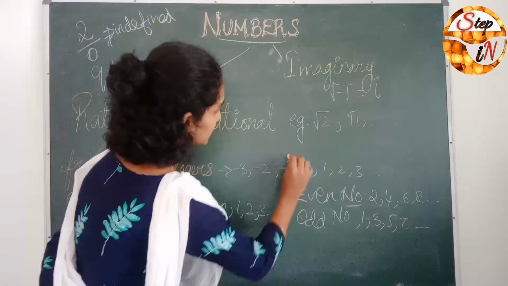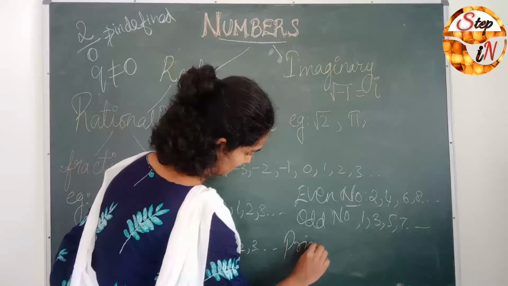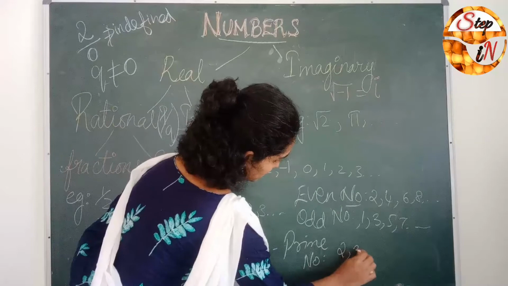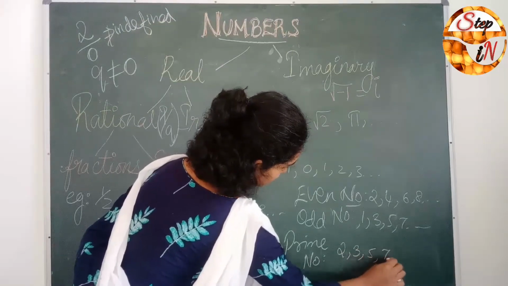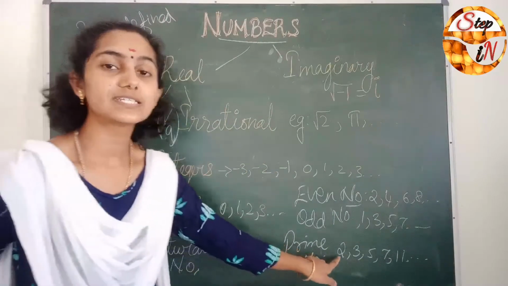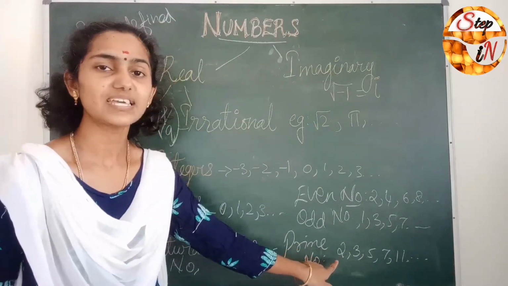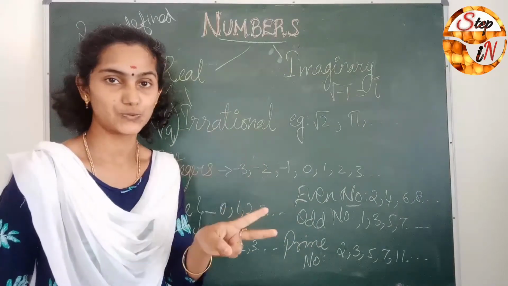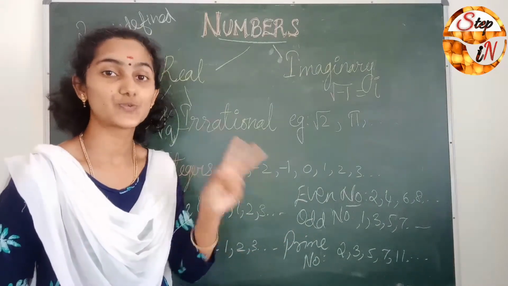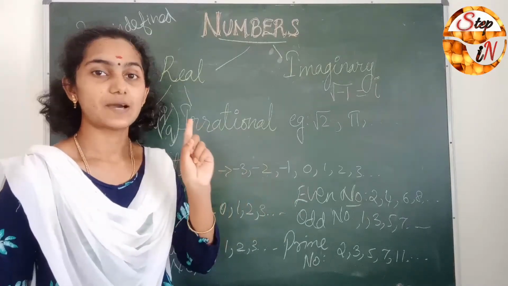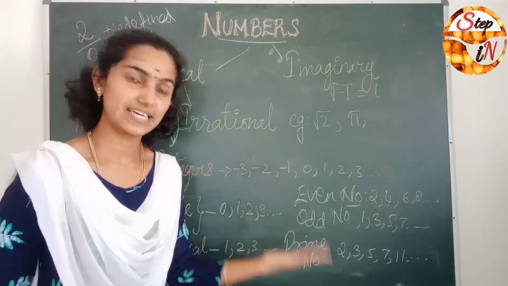For example, 2, 3, 5, 7, 11, etc. If we take 2, it is divisible by 1 and 2. That is, the factors of 2 are 1 and the number itself.